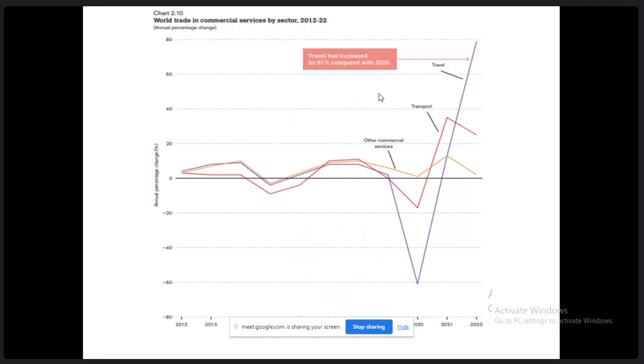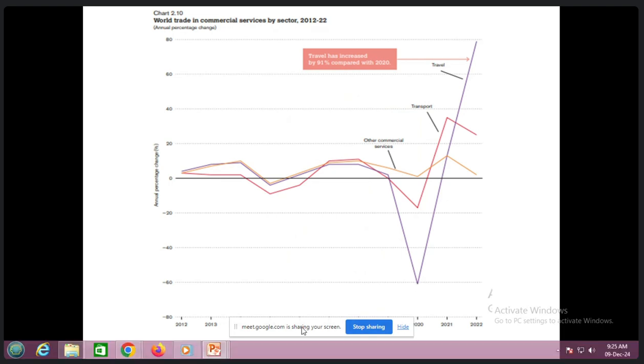Coming on to the commercial services, again, this is just a graph to show how the travel industry got sharply affected because of the pandemic. So you can see here 2020 was the pandemic year, and this purple line is the travel in the services. You can see here it had completely dipped by 60% during the pandemic year, and suddenly it has rebounded.